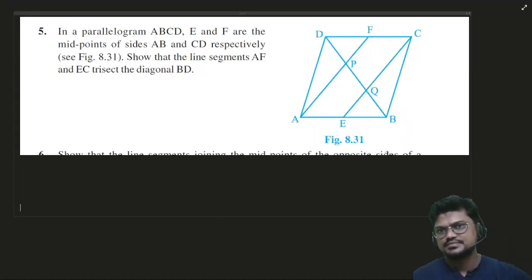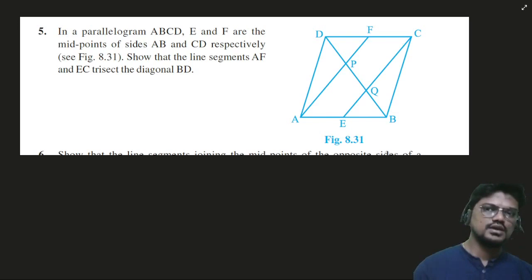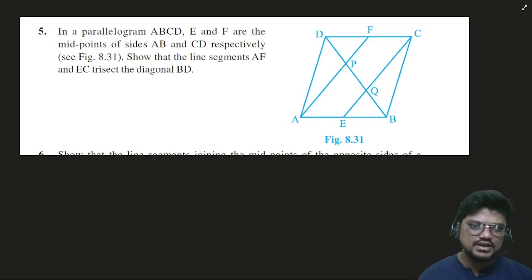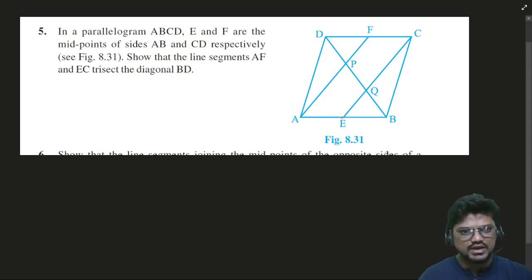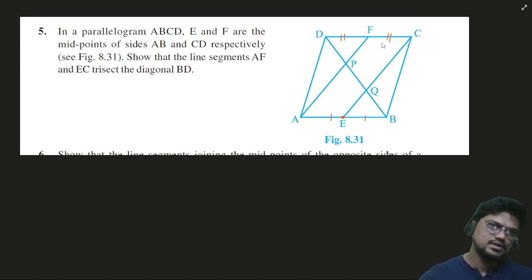Okay, this one. What is given over here? In a parallelogram ABCD, E and F are the midpoints of the sides AB and CD respectively. Okay, these two points are the midpoints. Also, it is given ABCD is a parallelogram, right?